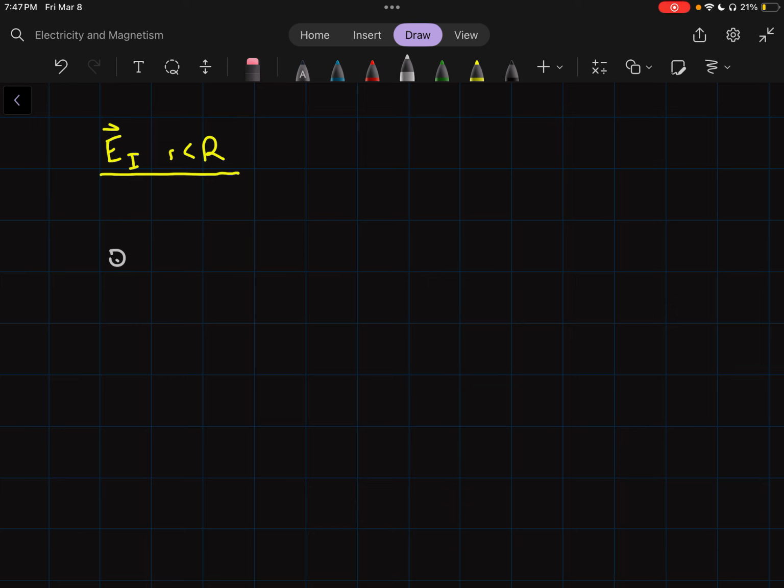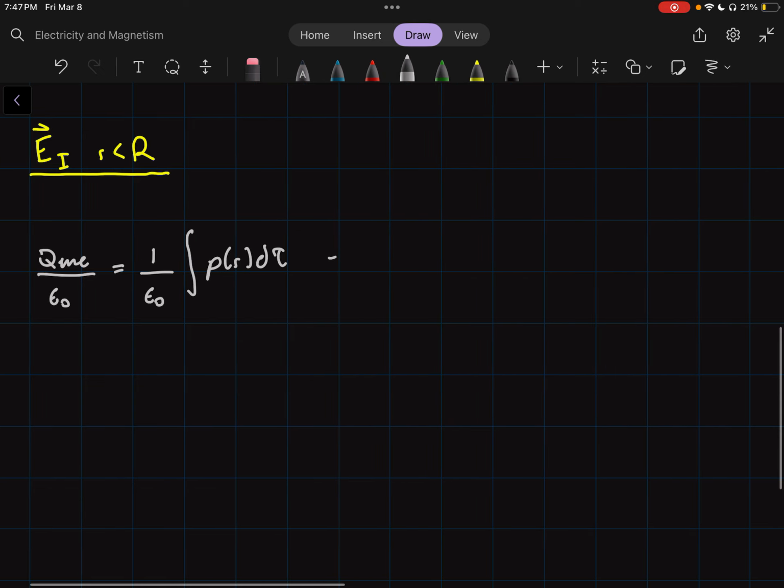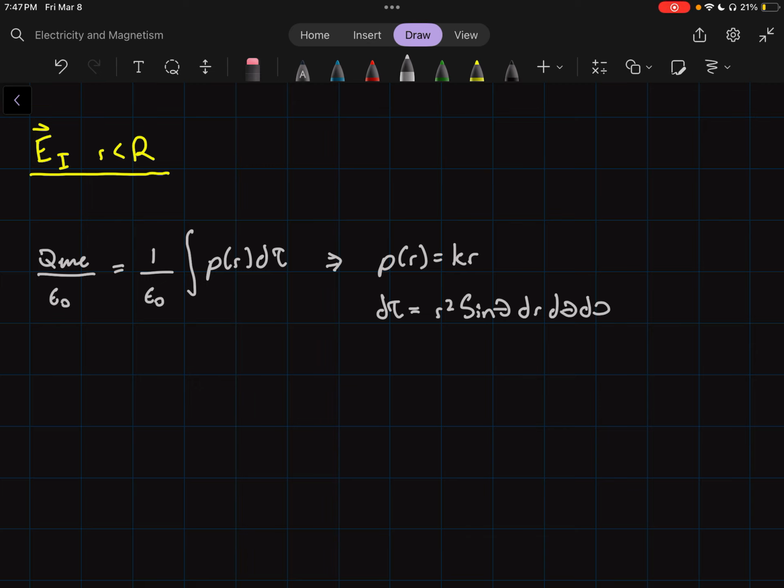So Q enclosed over epsilon naught is equal to 1 over epsilon naught times the integral of your charge density d tau. Now, this, as we know, rho of r equals kr, and d tau is going to be equal to r squared sine theta dr d theta d phi.